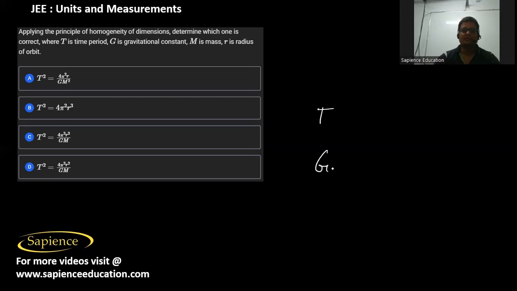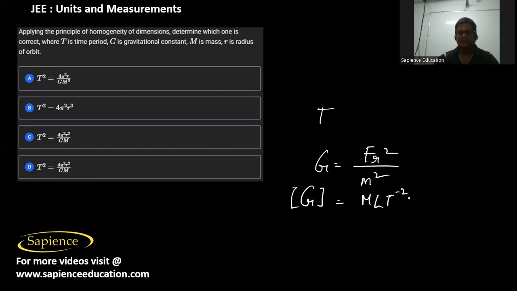As you know, for the gravitational constant, force F is G m1 m2 by r square. So G is F r square by m square. So the dimensional formula for G is M L T power minus 2 into L square by M square. So that is M power minus 1 L power 3 T power minus 2.